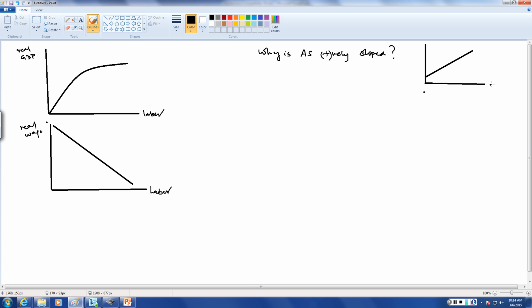Meaning, when the price level rises from, let's say, P1 to P2, why do firms produce more real GDP than before? That's the question. When the price level rises, why do firms produce more output?